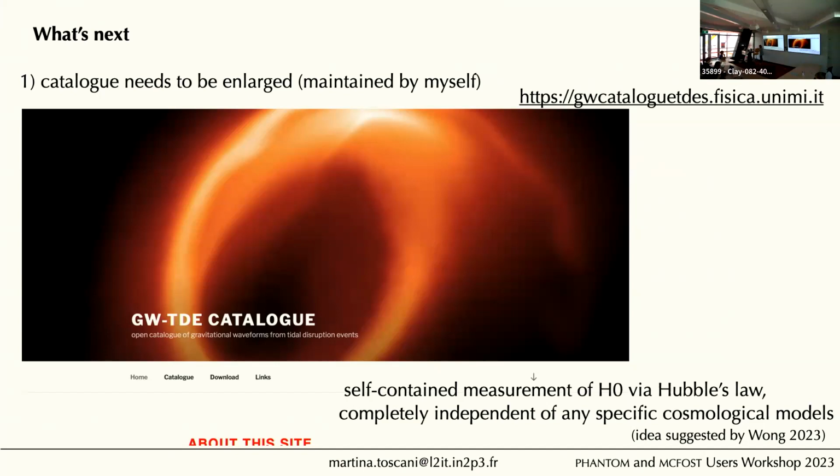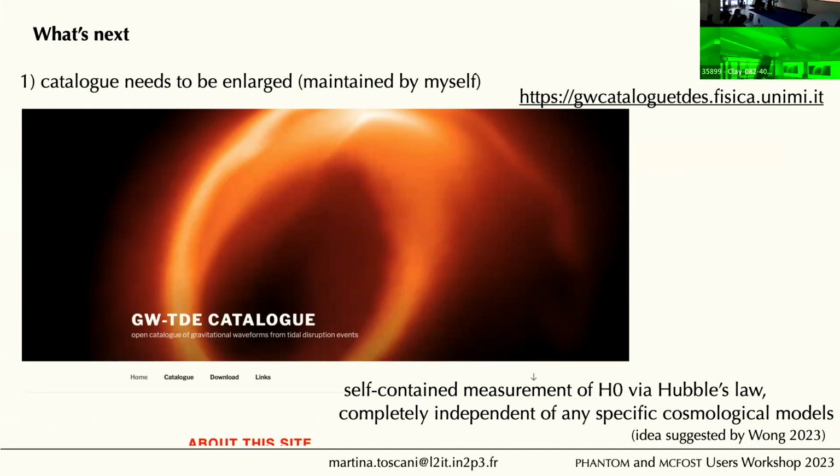And why this? Well, because we like simulating stuff with Phantom, for sure, but also because if the number of gravitational waveforms for tidal disruption events increases, they can be used to fit a possible gravitational wave signal observed from tidal disruption events.